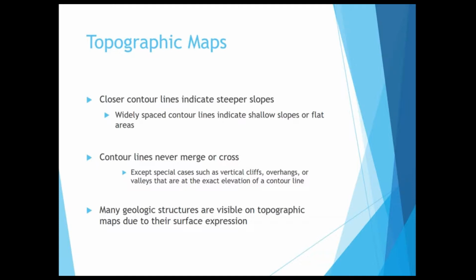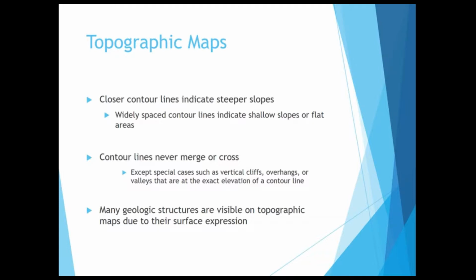The other way that a contour line can meet up with another contour line and touch is if you have a valley between two hills and the low point of that valley happens to be precisely at a contour interval.